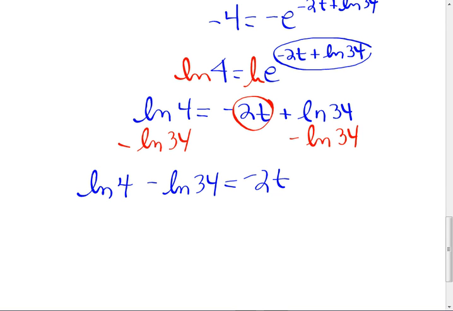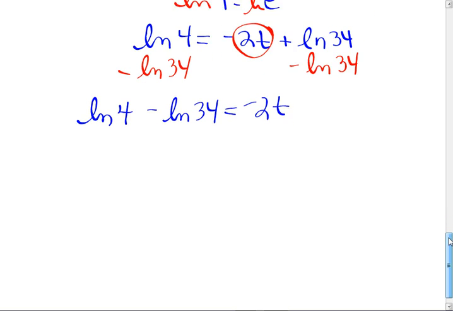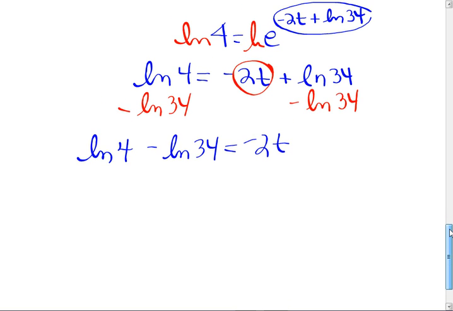And then some of you are going to say, well, that's going to give me a negative number. No, it's not. Okay. What are we going to do now? Divide by negative 2. And that's the answer. I don't know what it is as a decimal. I'd have to get my calculator out.